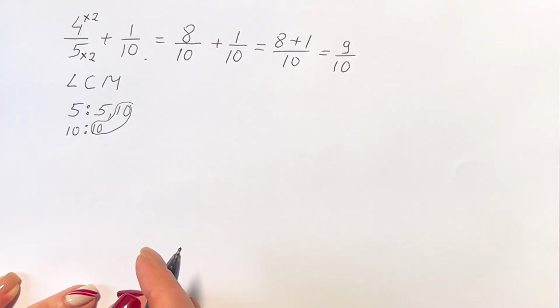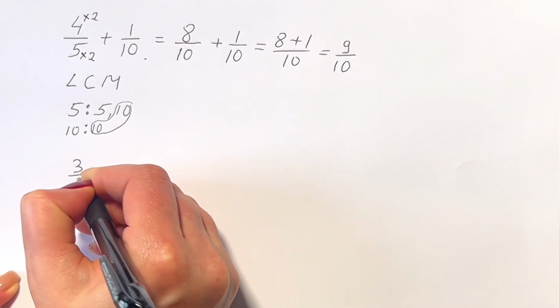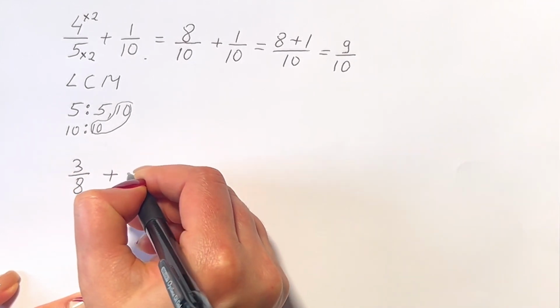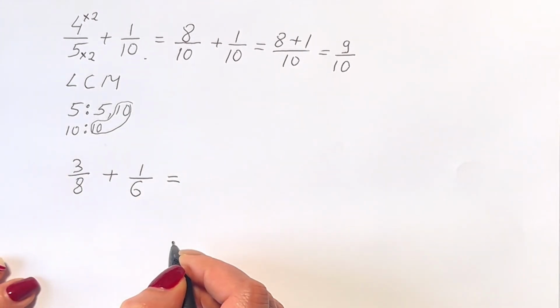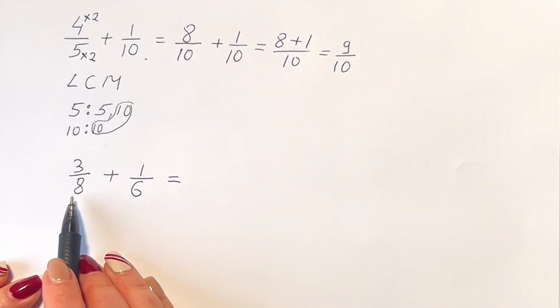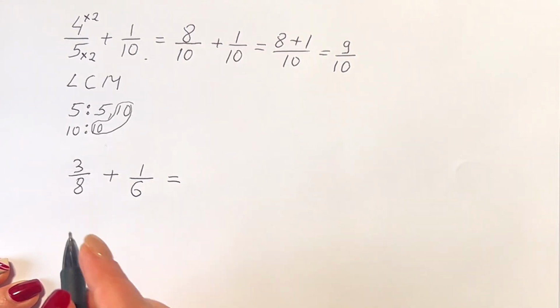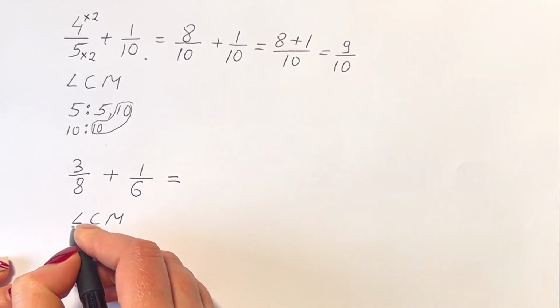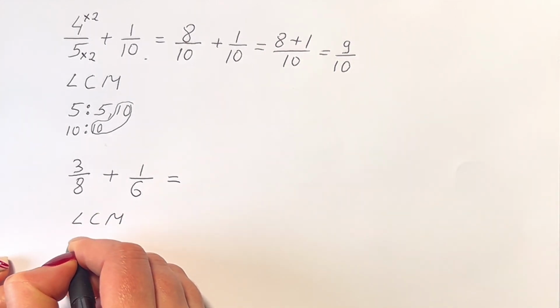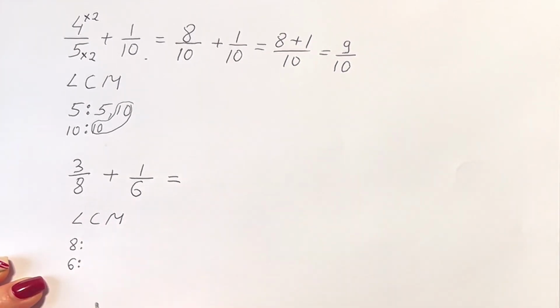Let's do another example. 3 over 8 plus 1 over 6. We need to make the denominators the same. We need the least common multiple of 8 and 6. Later on, you're going to do it mentally. Don't worry about it.